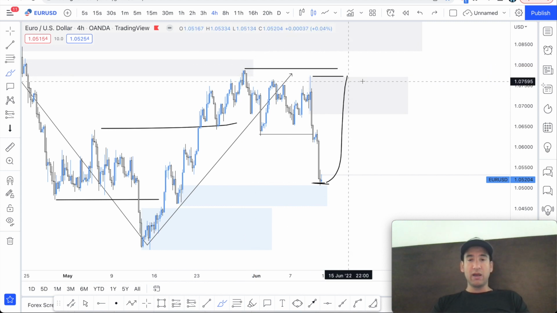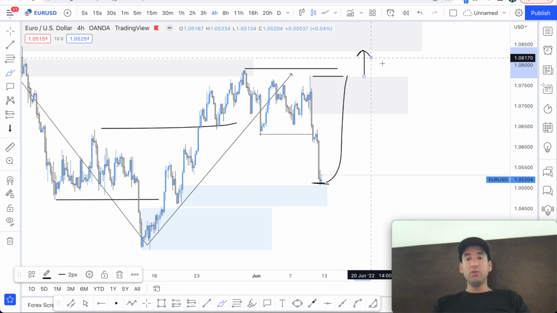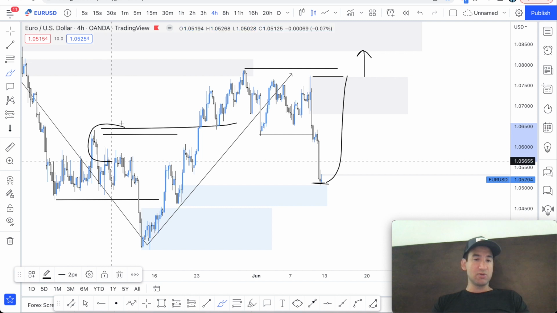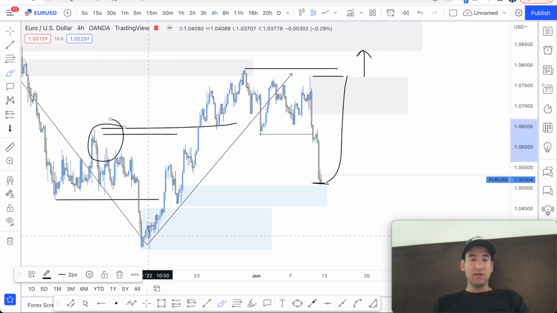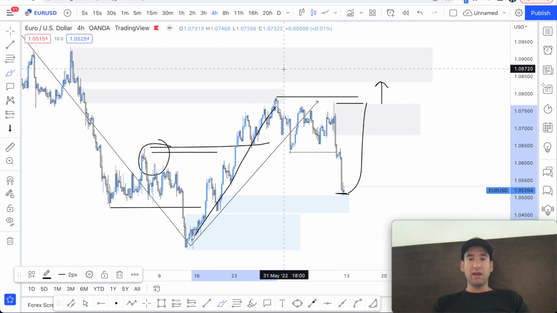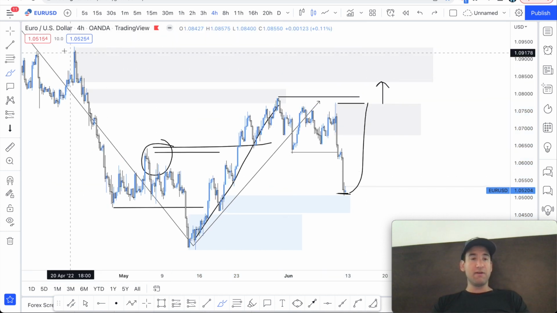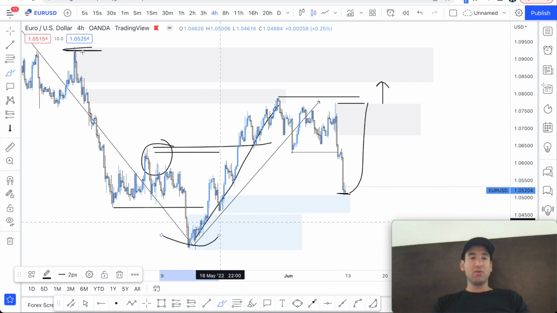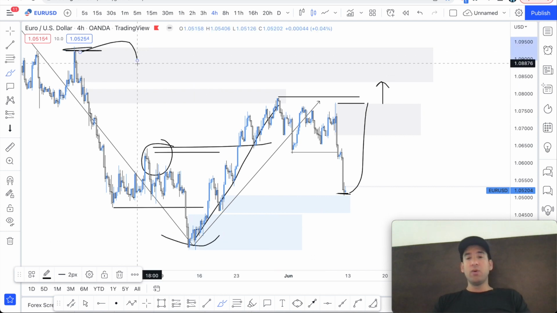We're not going to look to target anywhere higher than this, only because we've only broken substructure. We've only broken the substructure high, and that's it. The minor structure took over substructure, so why should we target anything above this high here if this low hasn't broken this high? We can't do that.